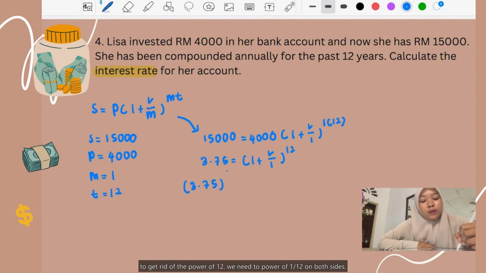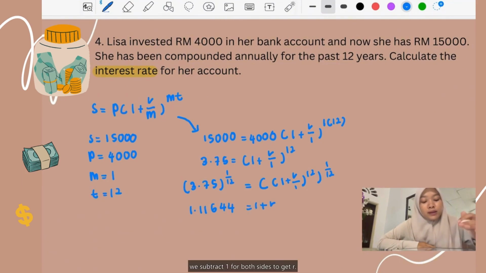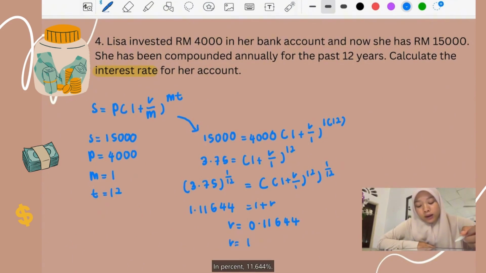To get rid of the power of 12, we need to raise both sides to the power of 1/12. Then we get 1.11644. Then to get the final answer, we subtract 1 from both sides to get R. So our R here is 0.11644, which in percent is 11.644%. Okay, thank you.